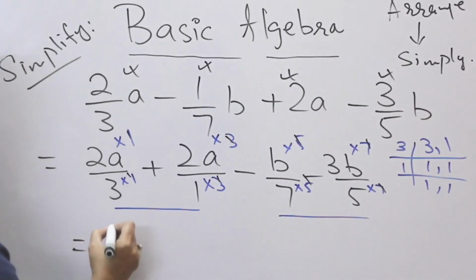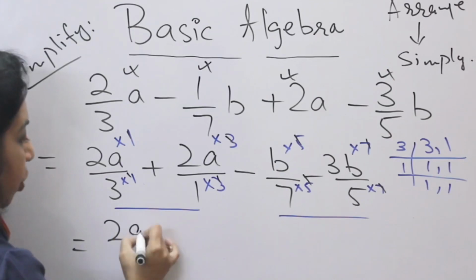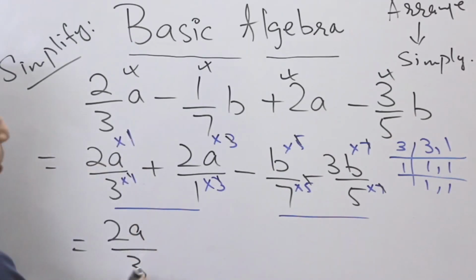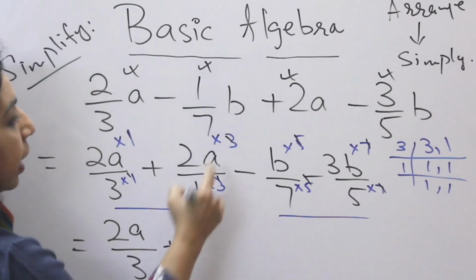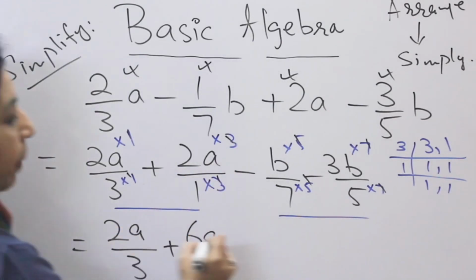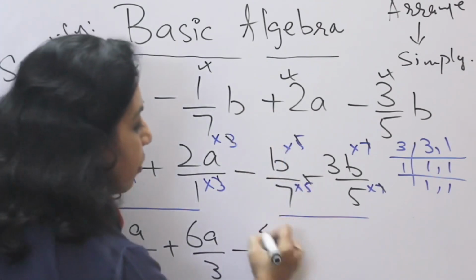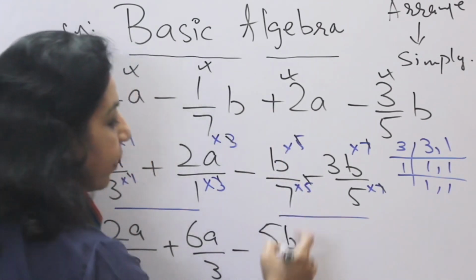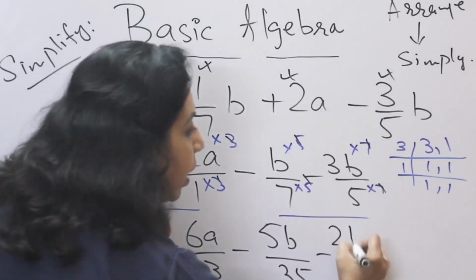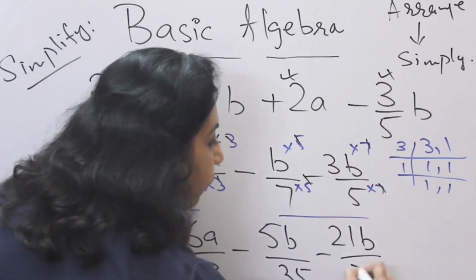Next step, we shall multiply this number with the numerator as well as with the denominator. 2a 1 times 2a over 3, 3 2 times 6a over 3, minus b multiply 5 is 5b over 7 5 times 35, and 3 7 times 21b over 35.